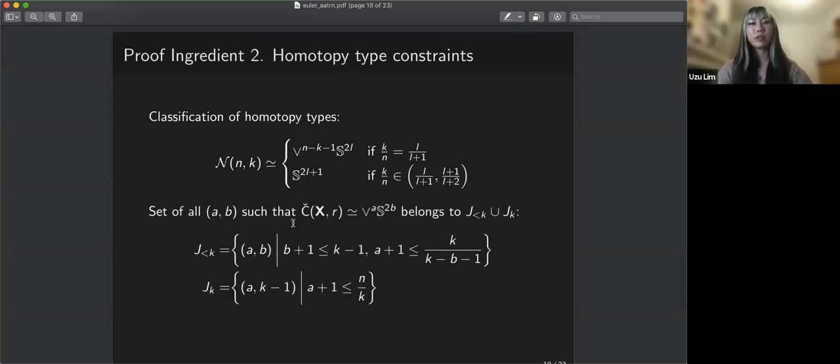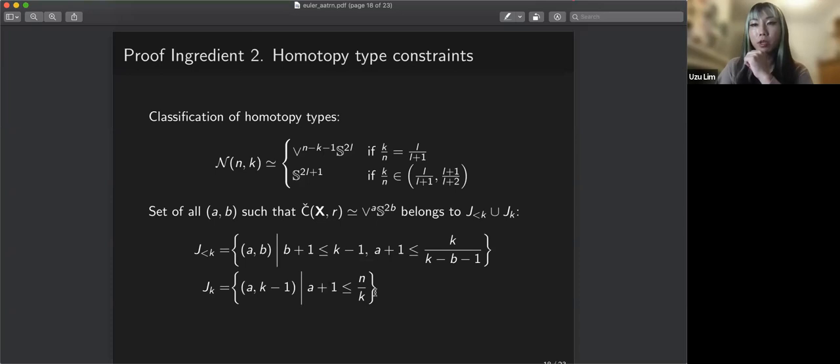And it turns out that the set of all a comma b such that your Čech complex is homotopy equivalent to an a-fold wedge of 2b spheres is a subset of Z times Z, where Z is the set of integers. It belongs to J less than k union Jk, where J less than k looks like a and b bounded by a bunch of inequalities like this, and Jk, you get things like this.